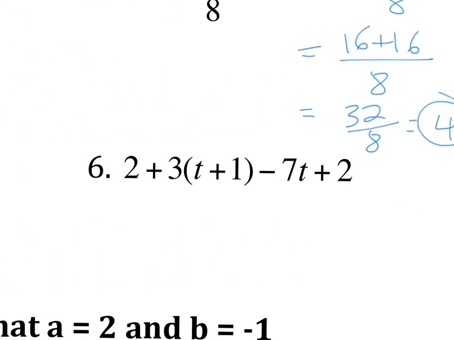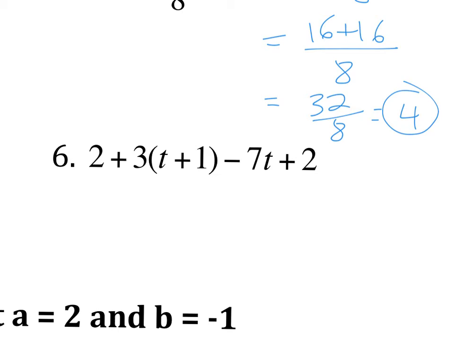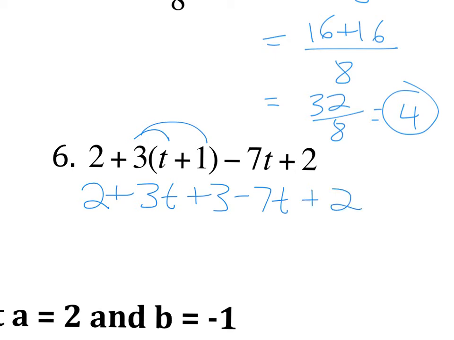Problem 6. Again, I see distributive property, so I'm going to do that first. 3t plus 3 minus 7t plus 2. This question is asking us to remember what it means to combine like terms. So I'm going to combine my t's together, and then I'll combine my numbers together.